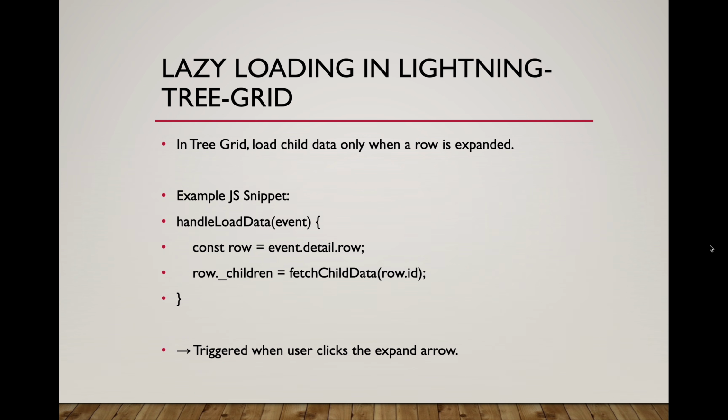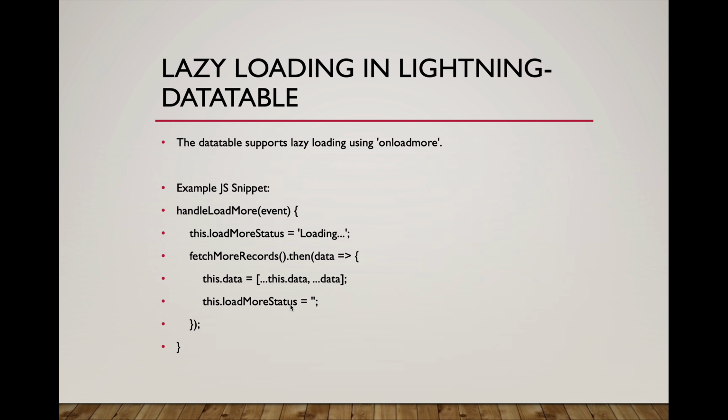Not all the data is loaded at once. So here is a simple snippet. Within the data set we have an underscore children property, and once you click on the parent arrow, we make a server call and this property is populated.